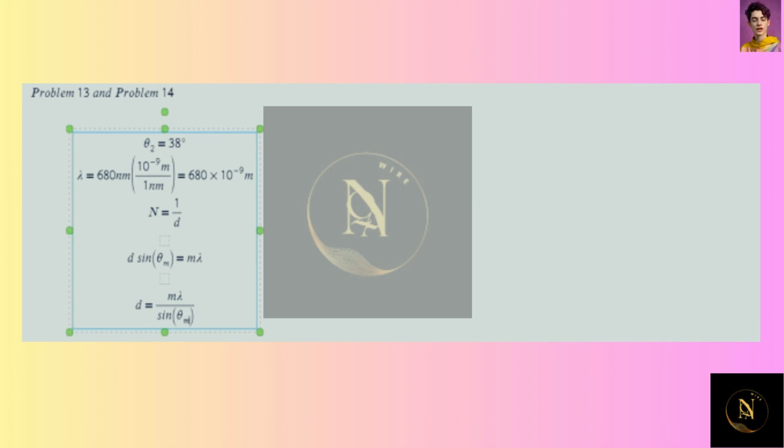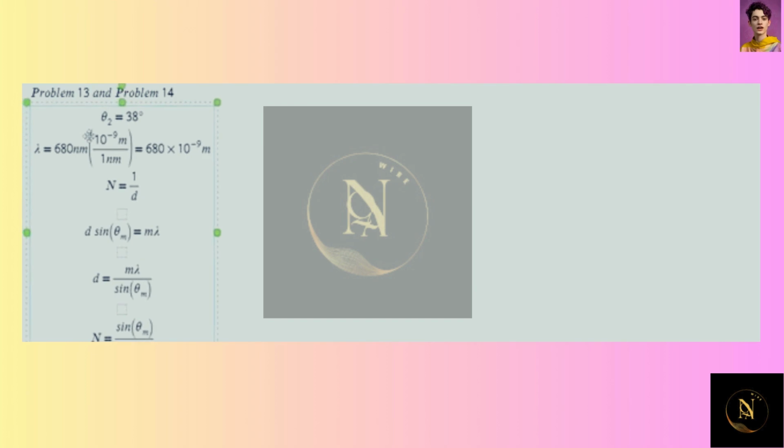The n that we're looking for is just going to be the reciprocal of this. So we could go ahead and solve for that directly. N is going to be equal to sine of theta m over m lambda. And in this particular case, we know that m is equal to 2. So let's go ahead and solve for this.